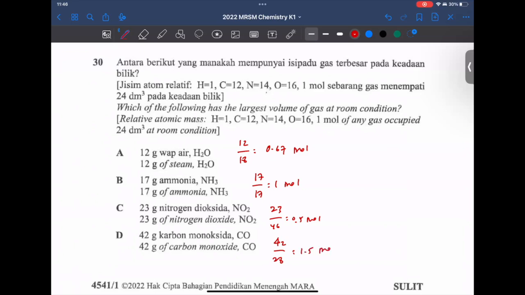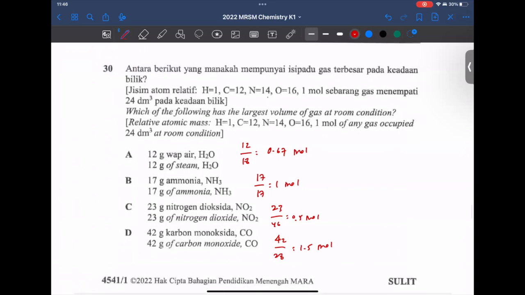So of course, the highest number of moles of gas at room conditions, because according to Avogadro's theory, any gas occupies the same volume per mole. So the higher number of moles will be higher volume. So the answer for number 30 should be D, because it is 1.5 mole.